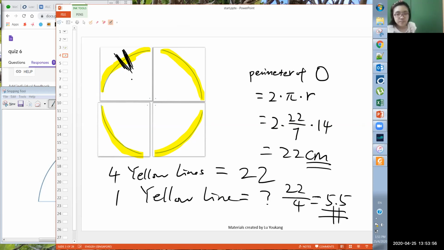So next time, if you are asked to find one quadrant, one of them, what do you do? Make a full circle first.